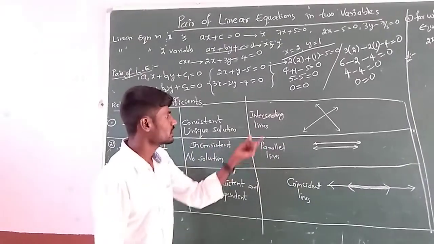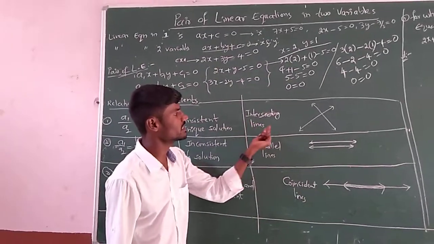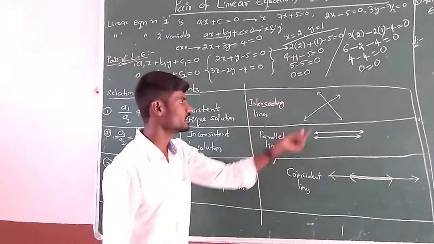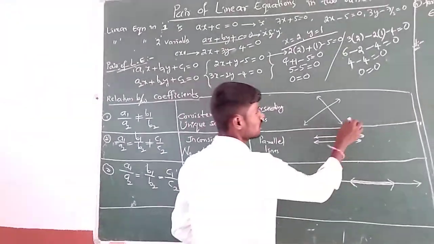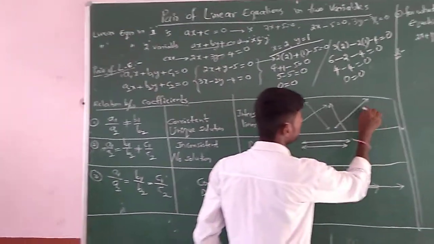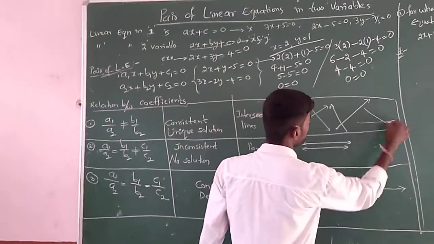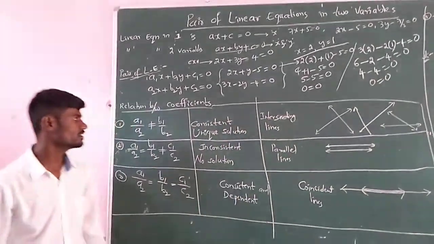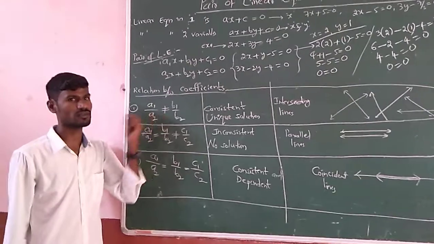In that case, the lines form is intersecting lines. Means if we draw them on the graph sheet, they will intersect either in this form or in this form, wherever their intersection is possible. That is when A1 by A2 is not equal to B1 by B2.